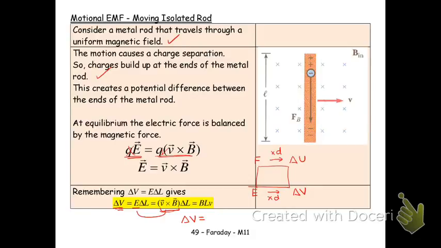It's going to be LV cross B. So what I just spotted in the last test is we had a whole bunch of stuff about delta U is equal to Q V cross B, and people weren't remembering the cross product.